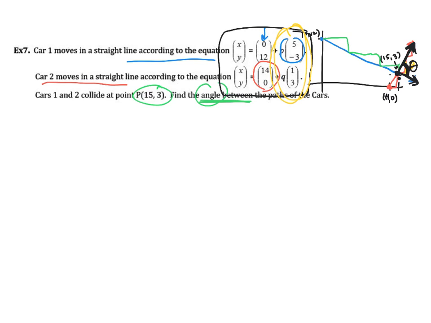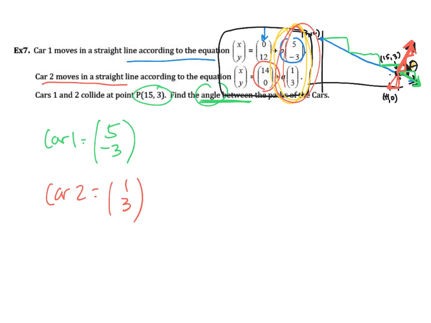If I go right 5, down 3, right 5, down 3, this velocity vector is just what we need. It's (5, -3). So that's for car 1. And then for car 2, I would go right 1, up 3, right 1, up 3. So that would establish my (1, 3). My velocity vectors are what I need in order to find the angle.